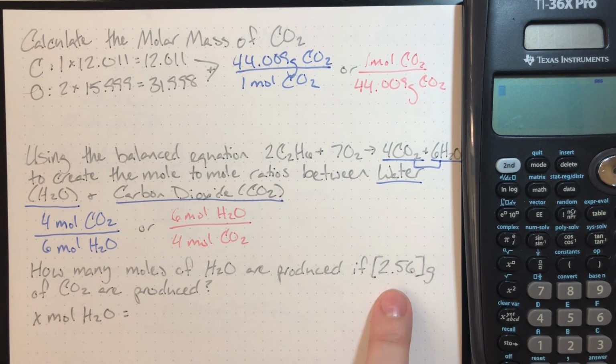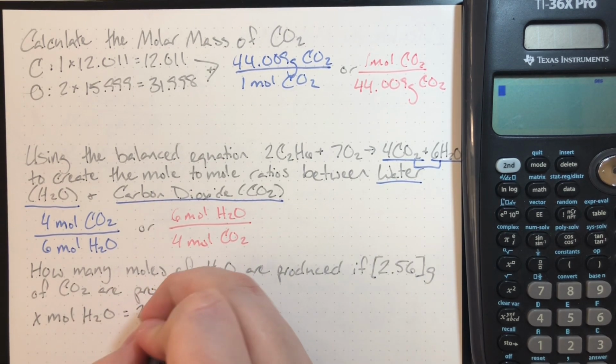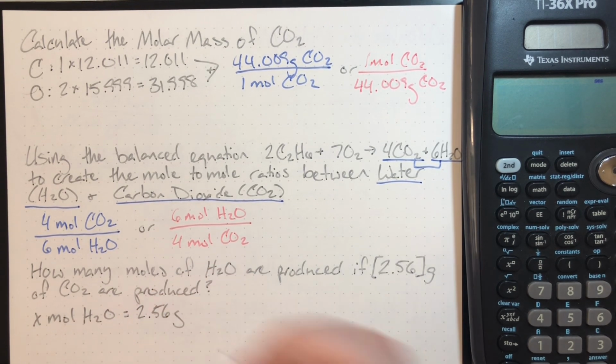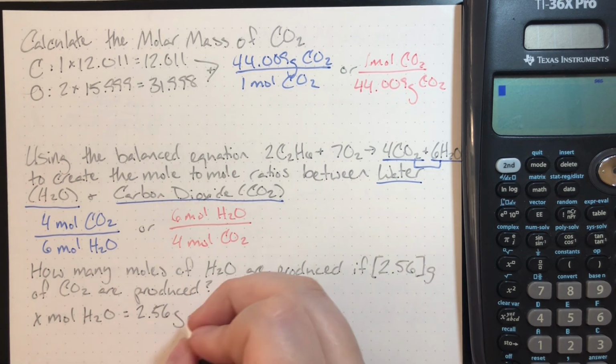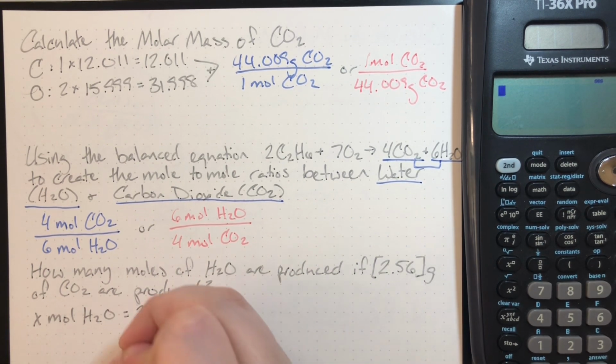And 2.56, you'll notice, is in brackets. This is because my number may be different than yours. However, the steps that I'm going to take to solve this problem will be the same regardless of the number. Number given in the problem, 2.56, unit attached, grams, and then compound attached to that unit, carbon dioxide.